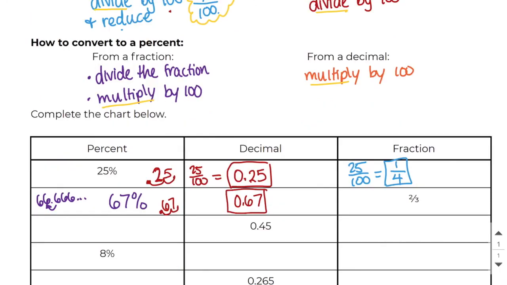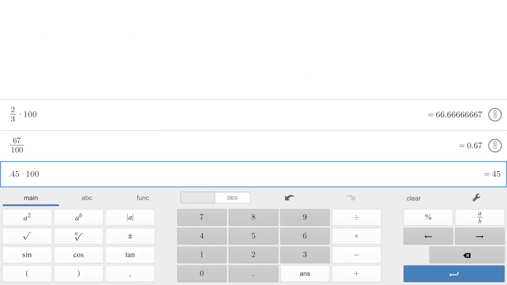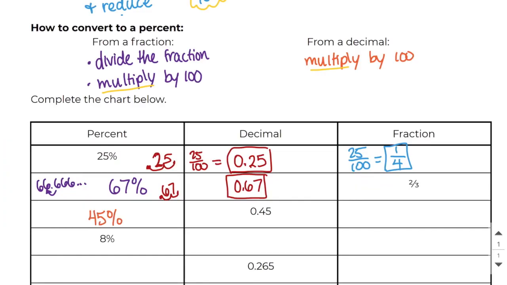Now to go from our decimal, 0.45, to a percent, this time we multiply by 100. So I would multiply 0.45 by 100, which is 45, as shown in Desmos. But all I have to do is move the decimal place over 2 times. This time we move it to the right because we're trying to find a percent.